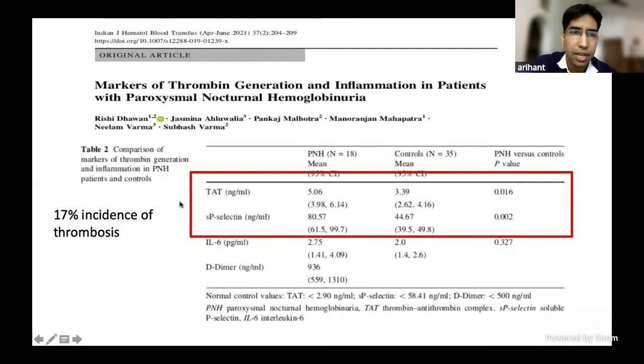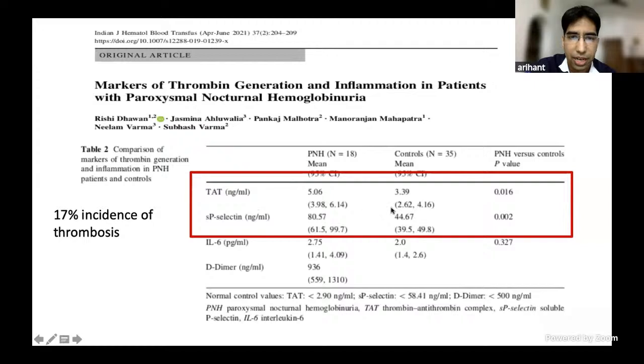So this is another case series of 20 odd patients from our center in 2022, where we looked at the markers of thrombin generation and inflammation in patients with PNH, and we concentrated on the evidence of thrombosis, how frequent it was and what type.